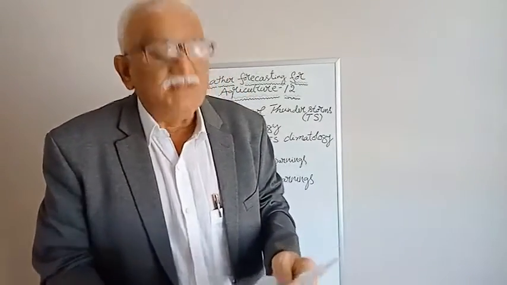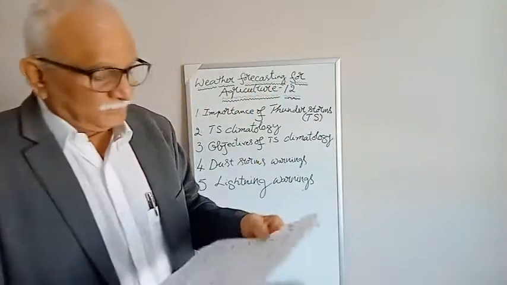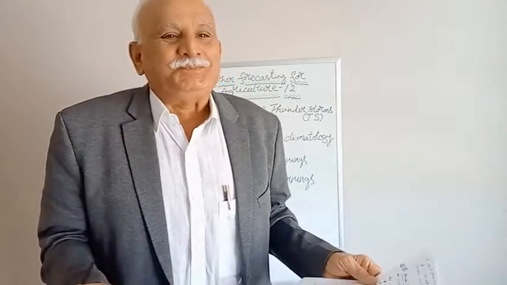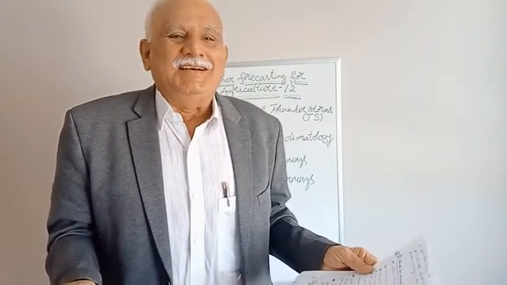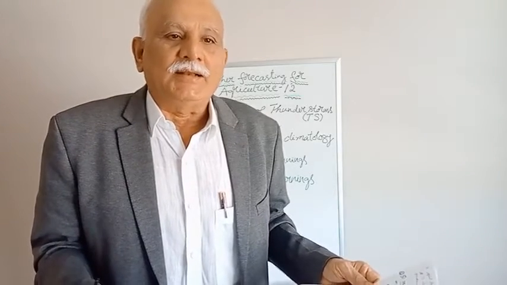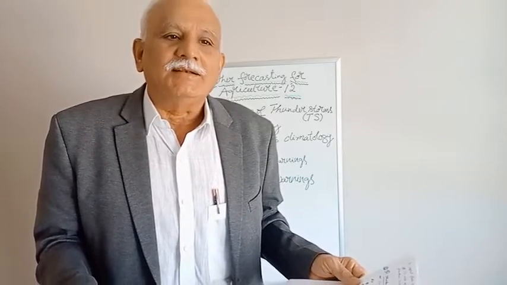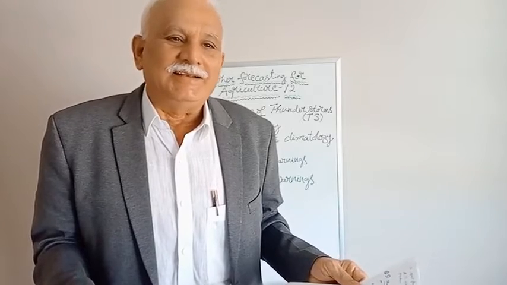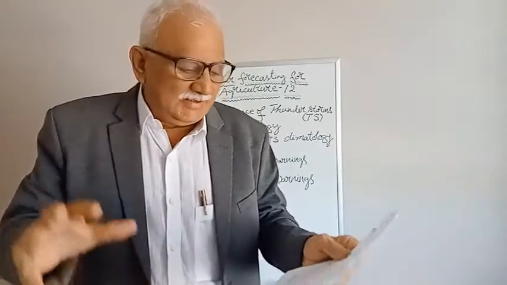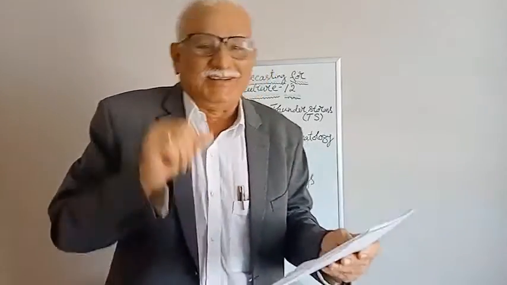Now, what is the thunderstorm climatology as far as India is concerned? You should know. India is divided into 6 regional centers. However, as far as thunderstorms are concerned: northern India, eastern India, western India, northeast India, peninsular India and northwest India.